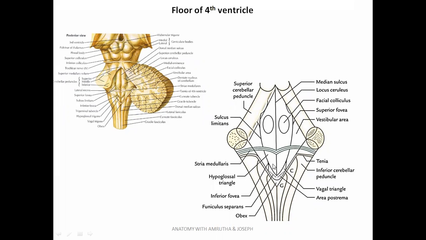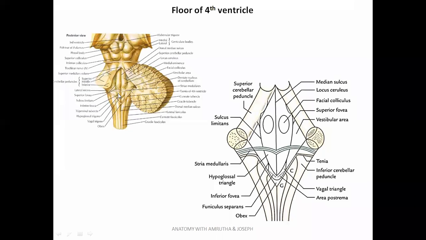Again, coming to this area, you have seen the area postrema and the vagal triangle, where you can see the nucleus of the vagus nerve, the dorsal nucleus of vagus. The upper part is called the hypoglossal triangle because in this area you have the nucleus of the hypoglossal nerve.